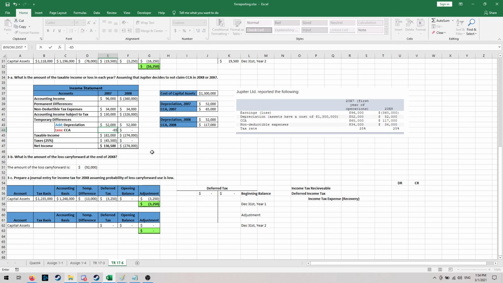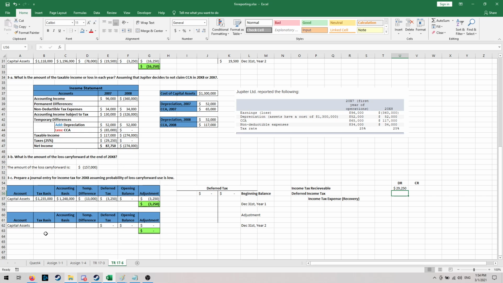We took that CCA of $65,000, so we actually did pay the same $29,250 in taxes. So in a sense, this is actually going to be the same. The income tax we can recover is going to be $29,250 because we actually, despite what the question says, did take that CCA in 2007.